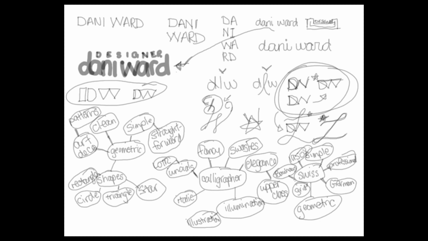So realistically, if I were to continue doing this, I would continue doing sketches. I would continue mind mapping further out. But I already have a professional logo that I've been using for almost 10 years, and I'm pretty happy with it. Regardless, I do think this geometric shape idea is something I want to play with just for kicks and giggles.